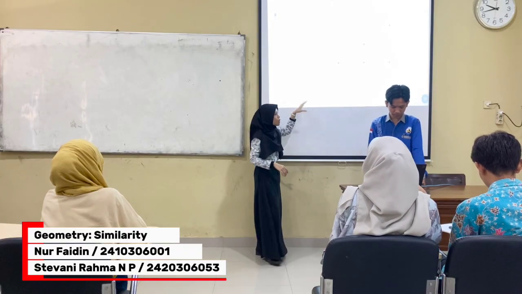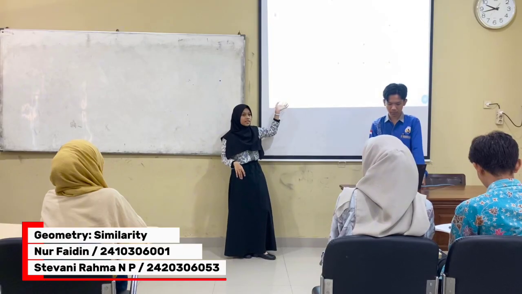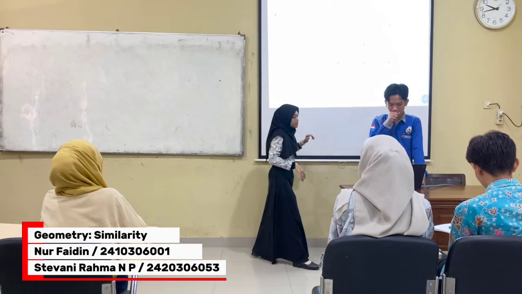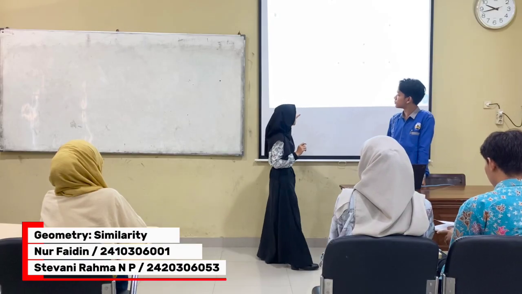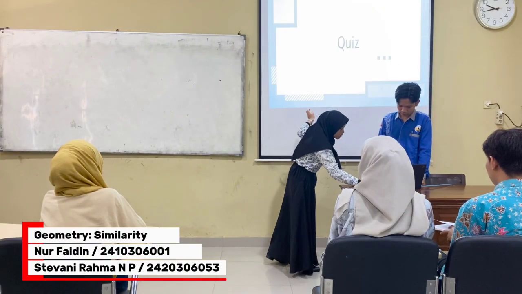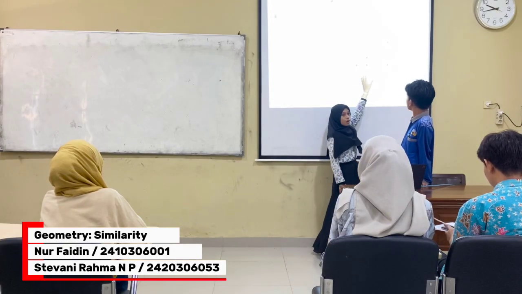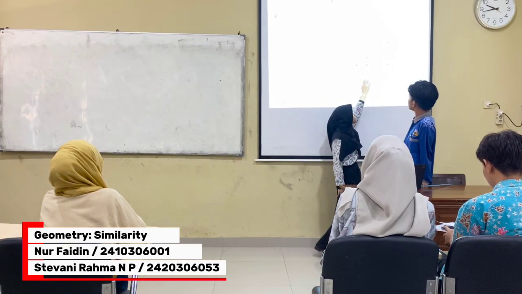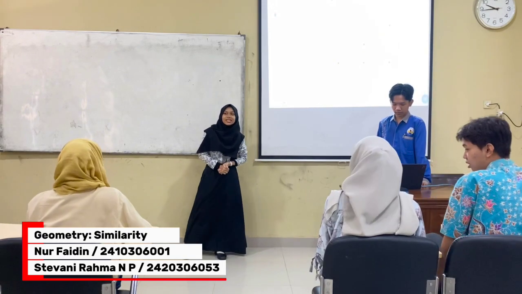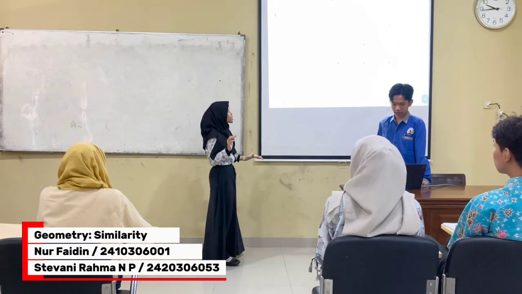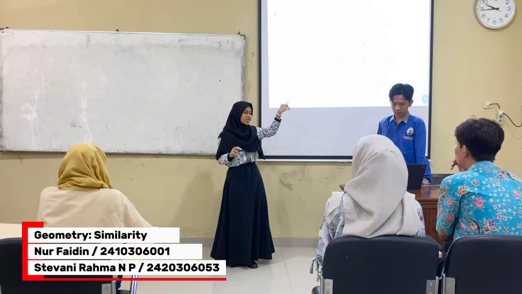You can also change the scale factor to 3 or 4. If you change the scale factor to 3, the picture will be like this. So the size of the scale factor will affect the enlargement of shapes.